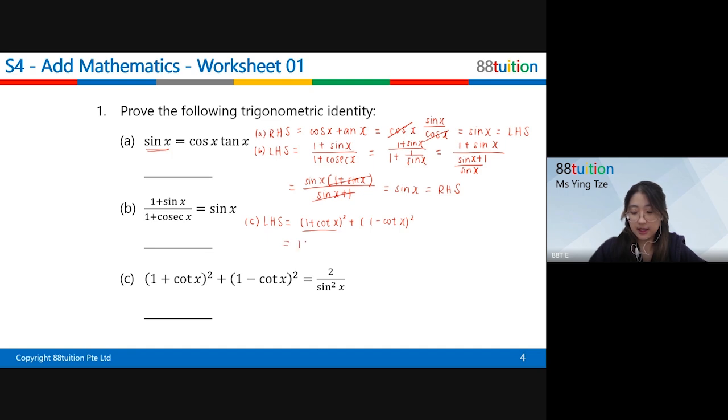It will give you a squared plus 2ab plus b squared. Similarly for here, a squared minus 2ab plus b squared. So these two will cancel off. Then we get 2 plus 2 cotangent square x.